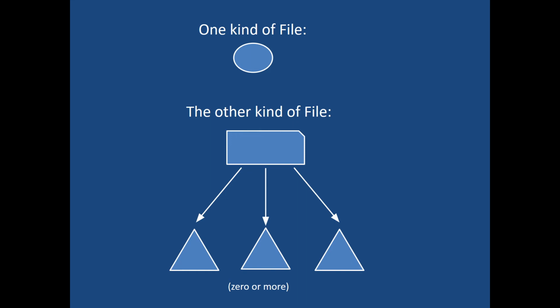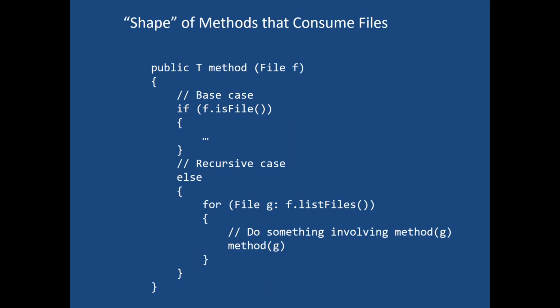So there are two kinds of files, and this turns out to be the shape of a method that consumes a file, a file system, if you will, in Java. We've got the base case, which is basically saying, if f is a document, the names for the methods that Java uses are really confusing, but isFile will tell you whether it's a document.